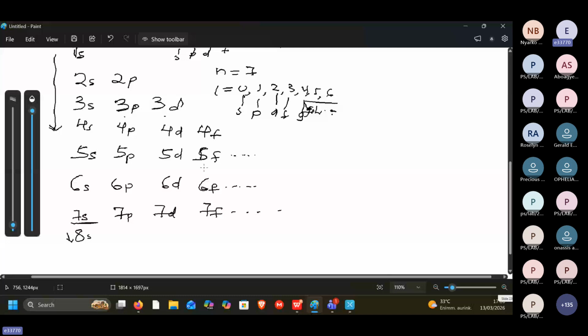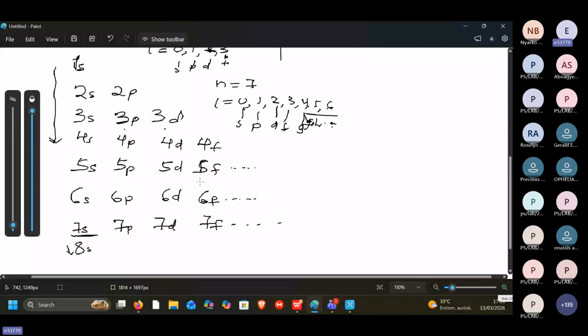Even within the same subshell, some are higher than others. Orbitals on the same energy level are called degenerate orbitals. Even in that, some are slightly higher in energy than others, especially when we get to the d orbitals. In the d orbitals, you can have 3 of them on the same energy level.